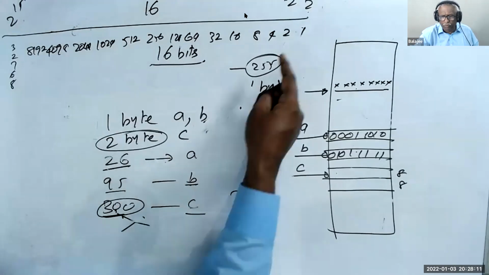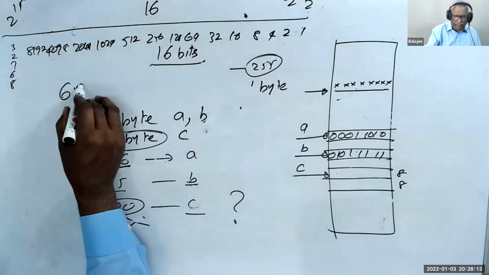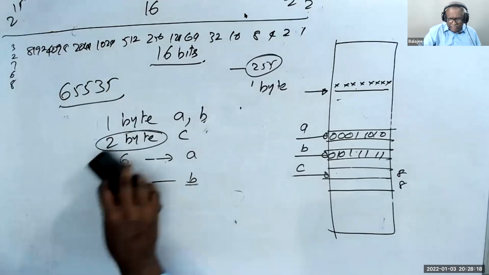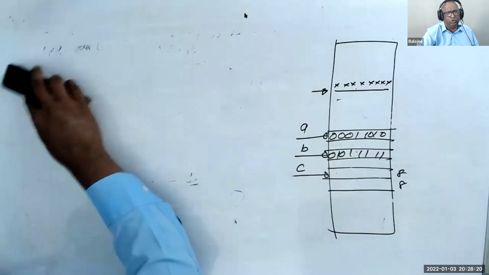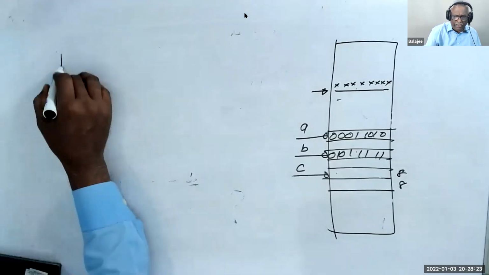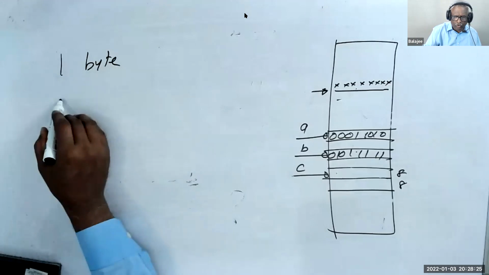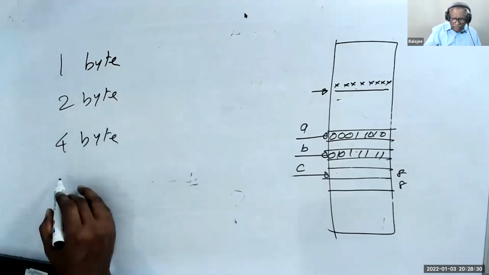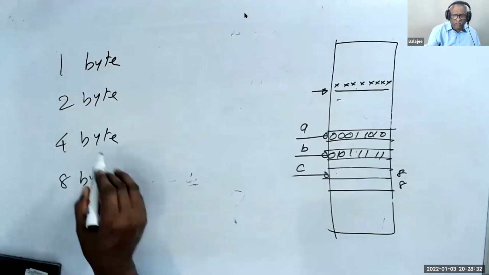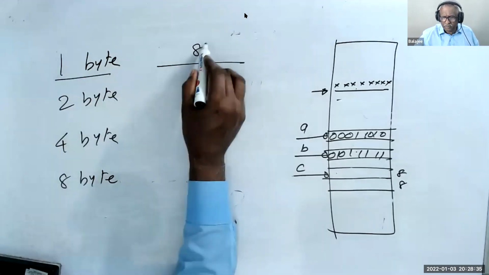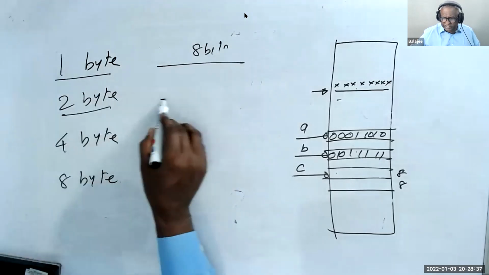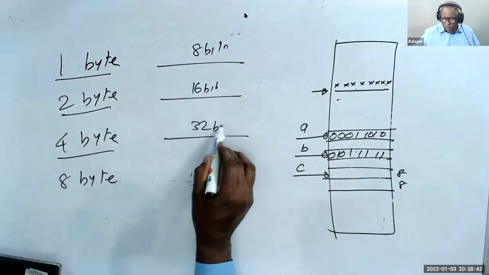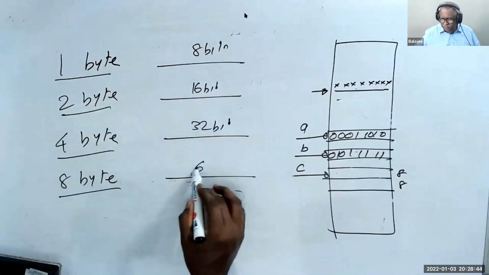So the maximum number will be 65,535. So basically your allocation means how big a number you can store. You can say 1 byte or 2 byte or 4 byte or 8 byte. 1 byte means 8 bit. 2 byte means 16 bit. 4 byte means 32 bit. 8 byte means 64 bit.